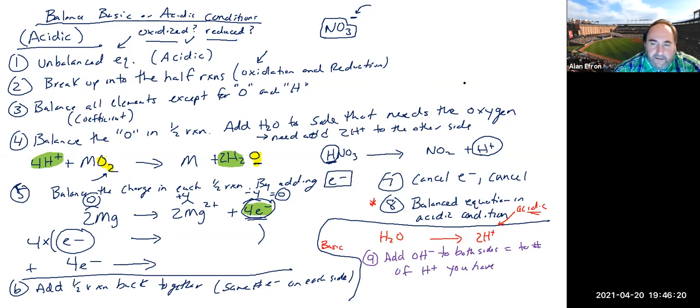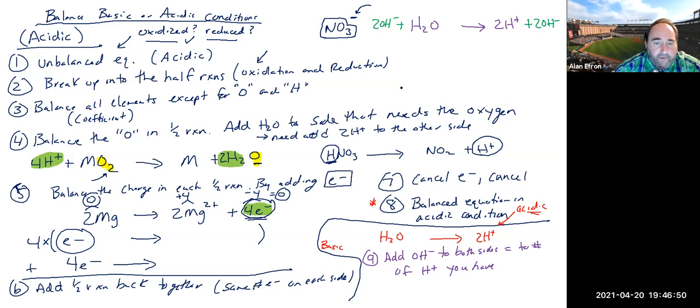So in my theoretical made up example down there, on the left-hand side, I got like water. And again, there'll be other things there for sure. And on the right-hand side, I have 2 waters. So if I were going to turn this into a basic equation, I would add 2 OH minuses to the right-hand side, and I would add 2 OH minuses to the left-hand side.